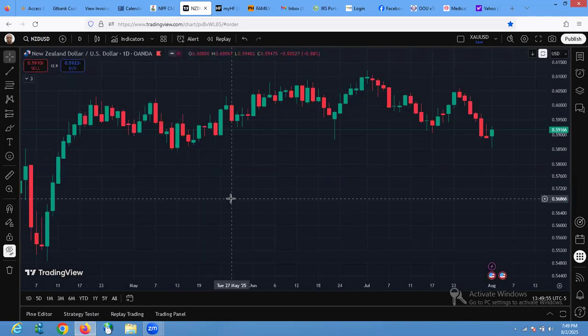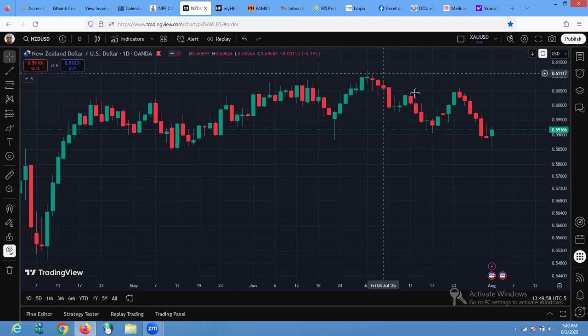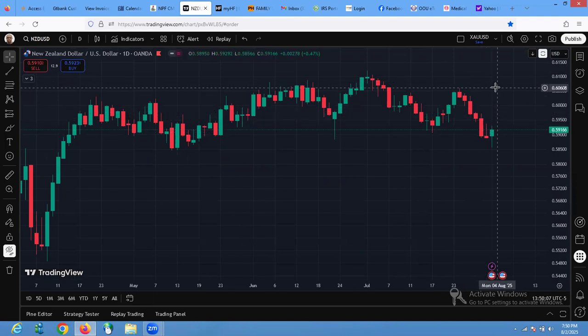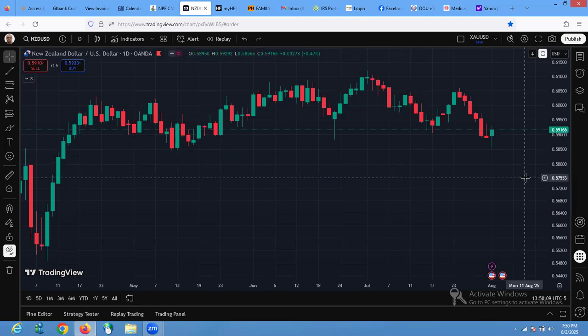So we can see that this is an A wave, an ABC of an A B wave. Then we want to see this go up, without breaking this top, before we see more push to the downside.